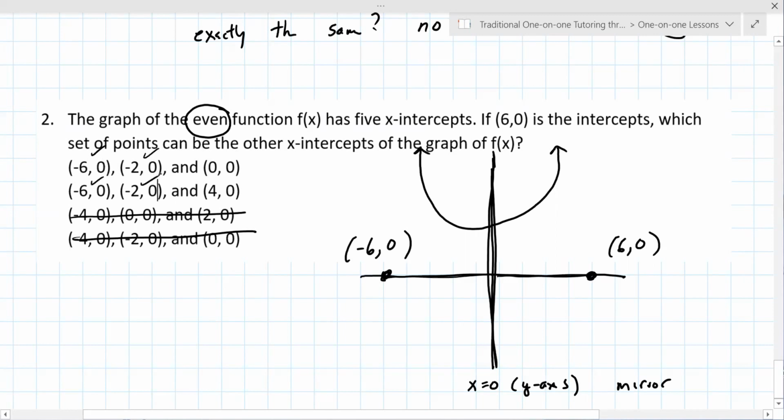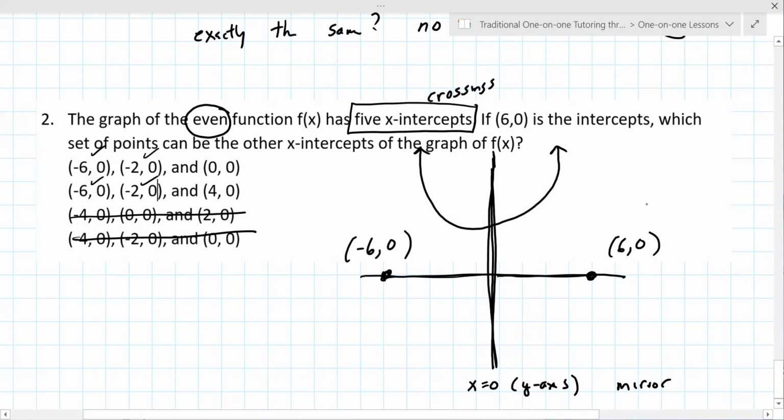It's saying here that it has 5 intercepts. Intercepts means crossings. It means it crosses the x-axis 5 times. There's a lot of what's called synthesis in this problem, where they're relying on previous information. So there's 5 crossings.